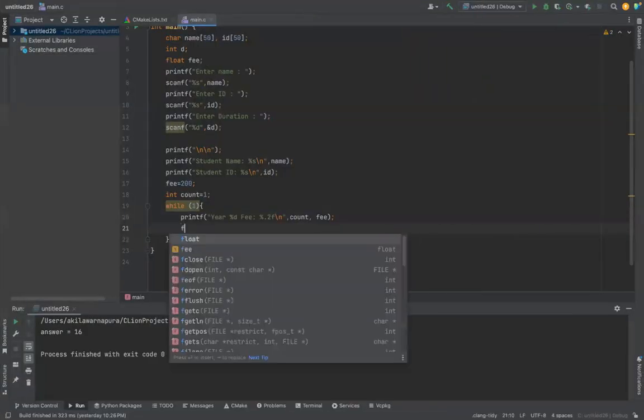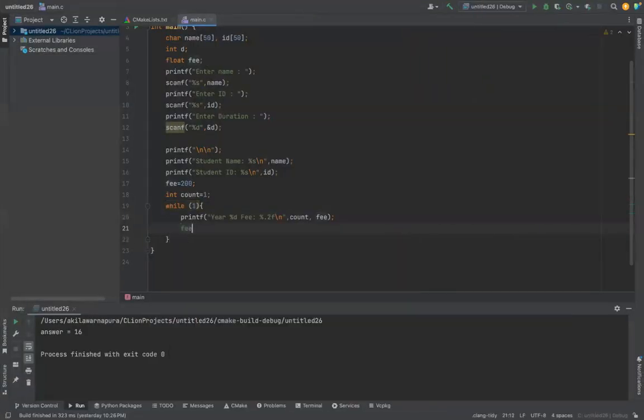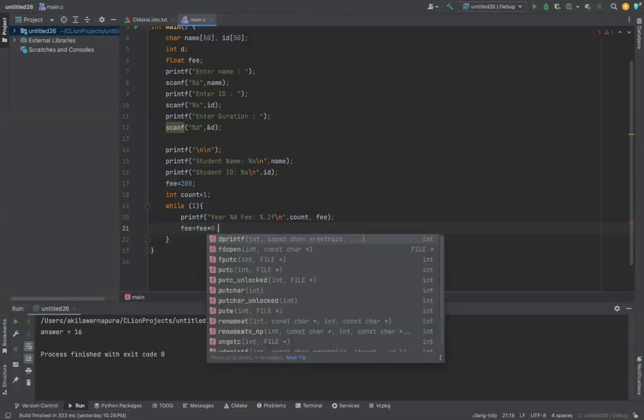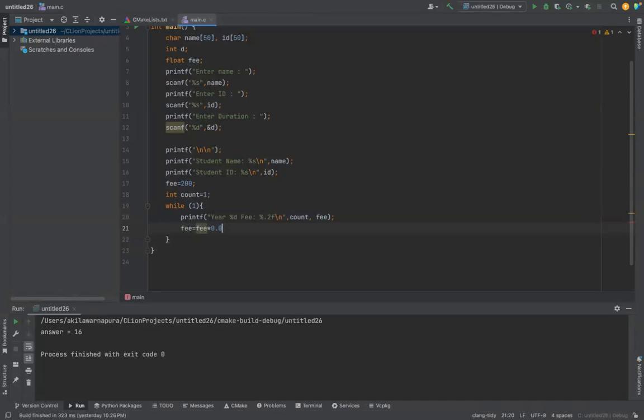That means fee should be equal to existing fee multiplied by 5%. 5% means 0.05.